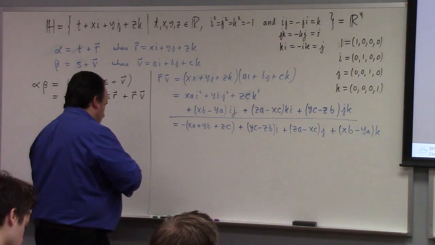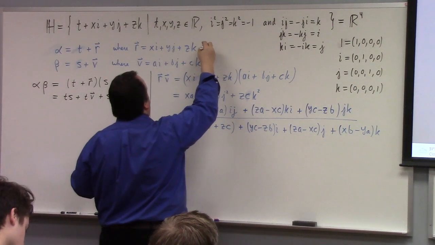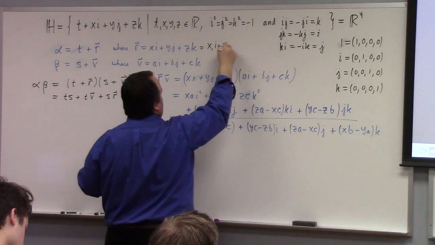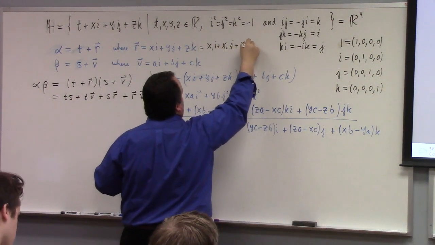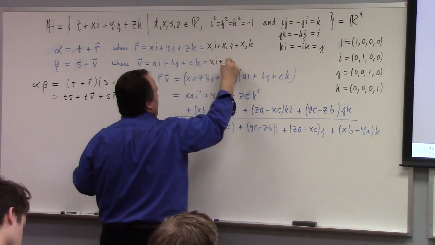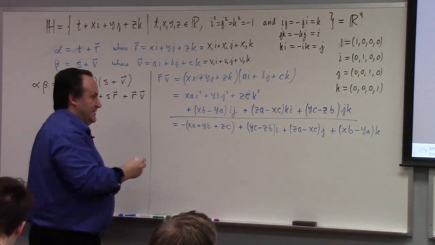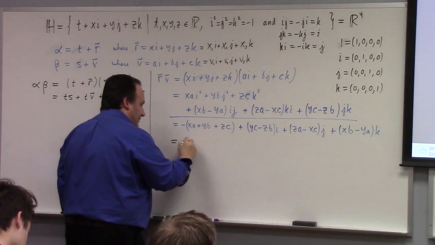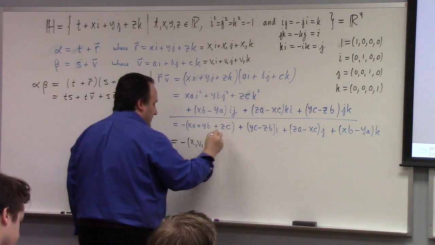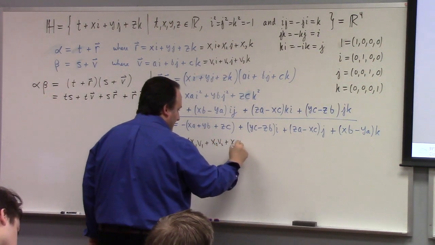All right. Let me switch notation a little bit so you guys can see what this is directly. Instead of using xyz, let's use x1 i plus x2 j plus x3 k. And for v, let's use v1 i plus v2 j plus v3 k. That should make the pattern stand out a little bit more nicely. So what we're looking at here is minus x1 v1 plus x2 v2 plus x3 v3.